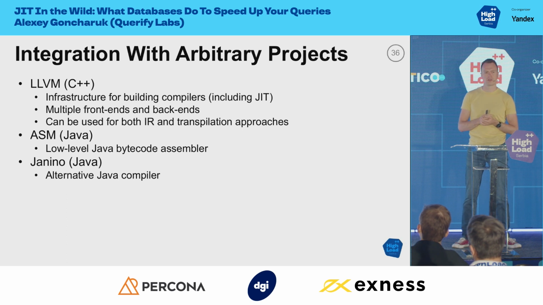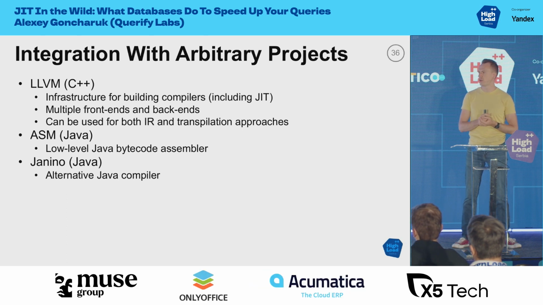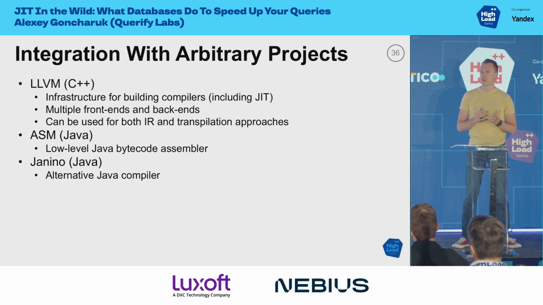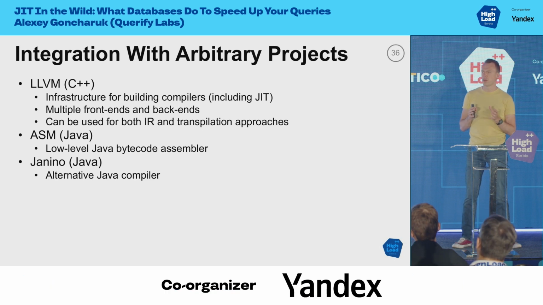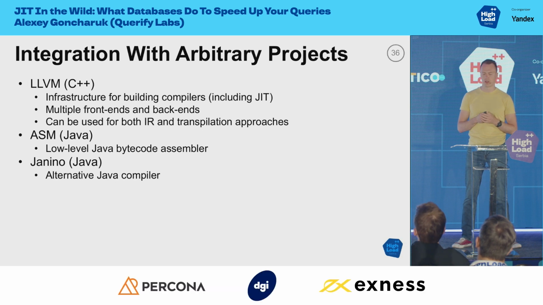In the Java world, besides the regular Java compiler that you may invoke at runtime, there is a great ASM framework that is used, for example, in Presto and Trino projects to generate certain parts of the query execution pipeline. It is a quite low-level infrastructure for emitting bytecode instructions.